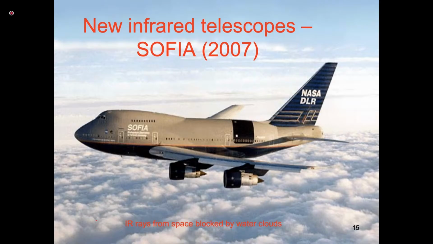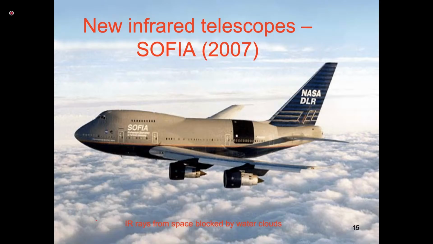It's an infrared telescope, a joint project of NASA in the U.S. and the German equivalent. You can see a lot of infrared radiation above the dense clouds, though not all of it, because some is still blocked by rather diffuse clouds.